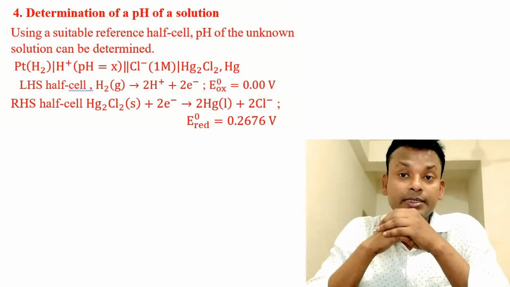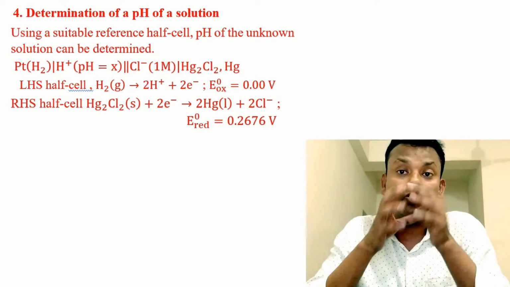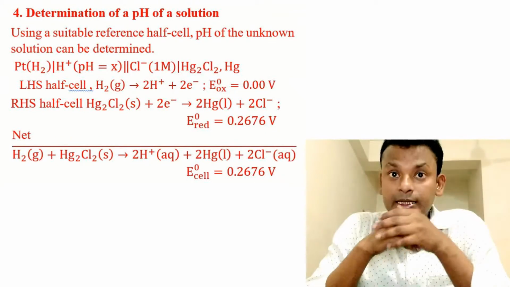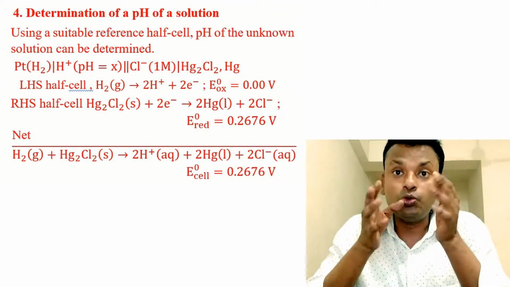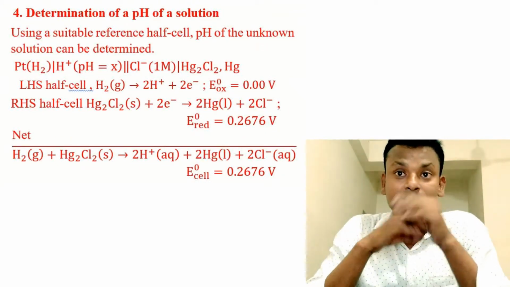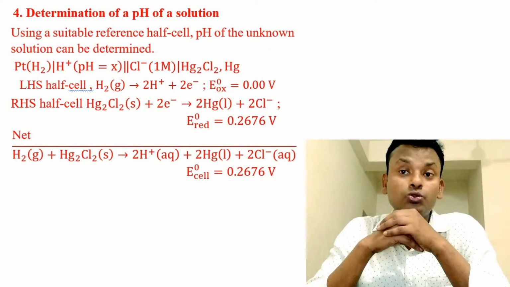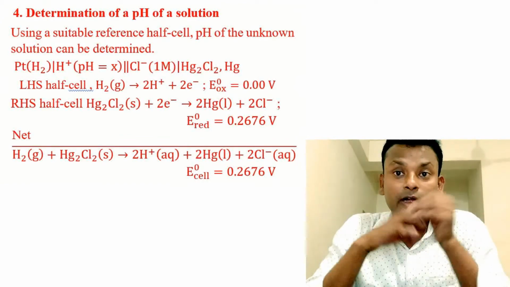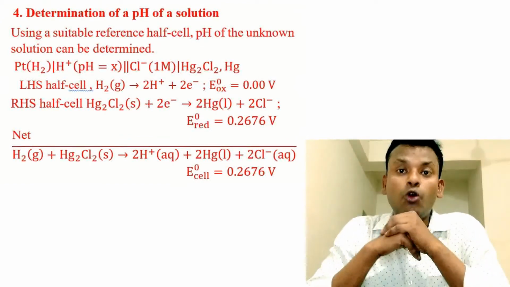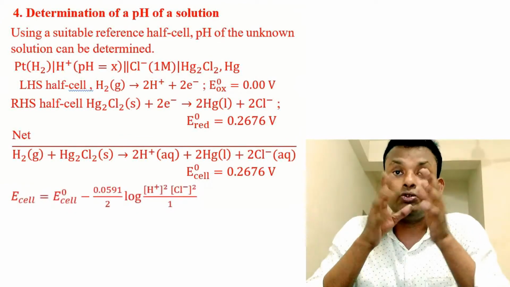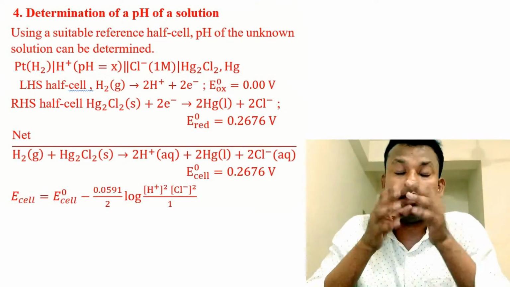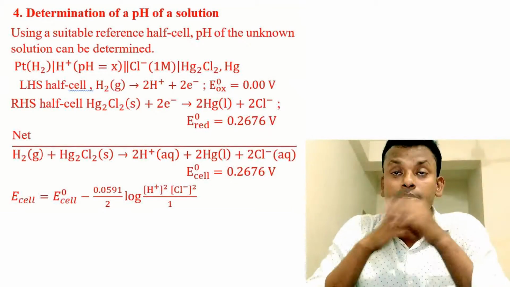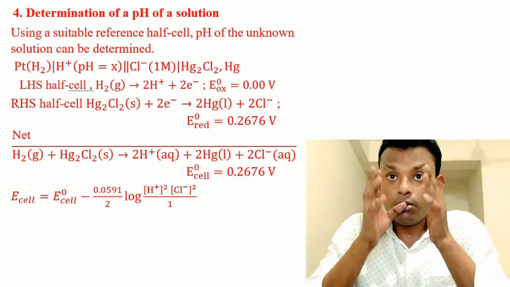The reduction potential value equals 0.2676 volt. So the overall reaction is H2 plus Hg2Cl2 gives 2H+ plus 2Hg plus 2Cl-, that is E0 cell equals 0.2676 volt. E cell equals E0 cell minus 0.0591 by 2 log [H+]^2 [Cl-]^2 by 1.